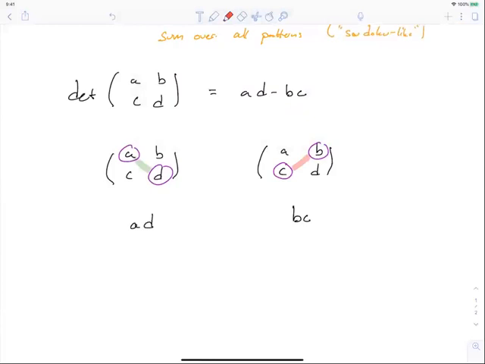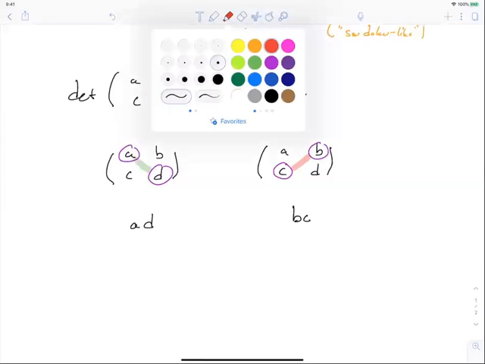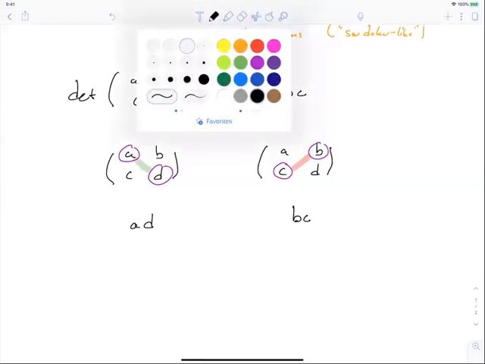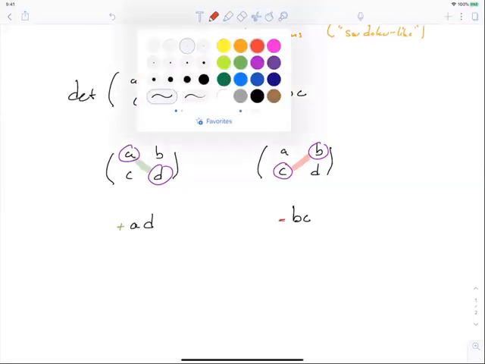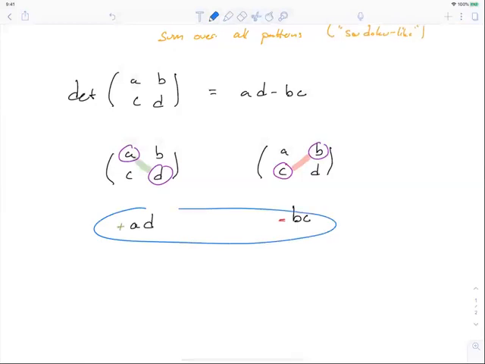So in some sense, we're counting the number of times we're flipping things around. If you remember last time, there were some examples where the shape became flipped, which resulted in a negative determinant. Well, the negatives come from how many times you flip it. So this is going to be a plus right here, and this is going to be a minus on this side. So altogether, we get the same thing as before, AD minus BC. So that's how this works for a 2x2.